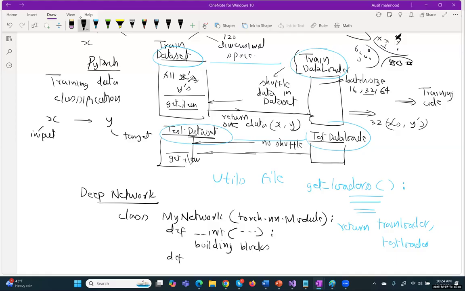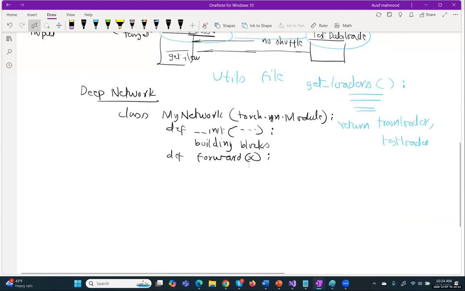And then in the forward function, we will take the input X and pass it through our network. Here we keep feeding X to whatever the building blocks are.